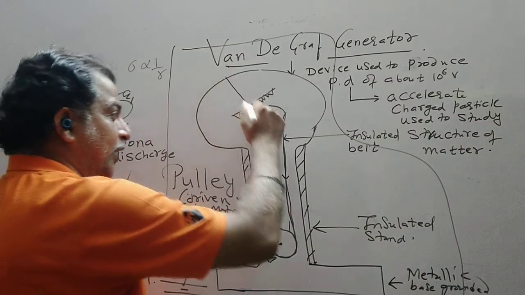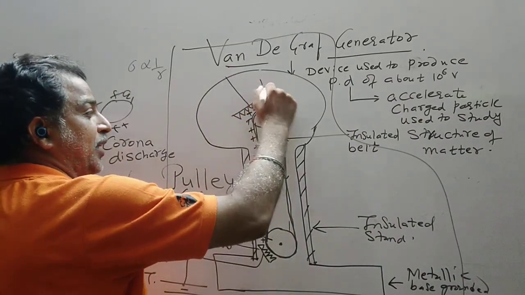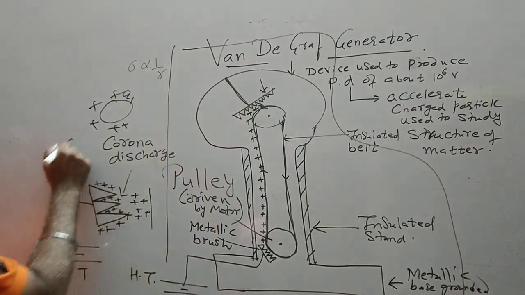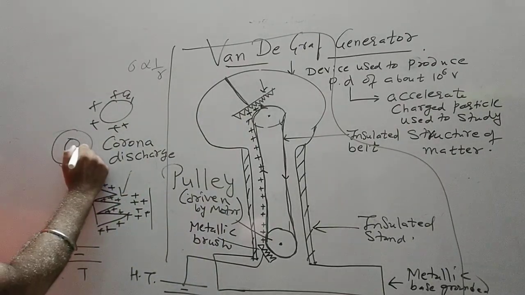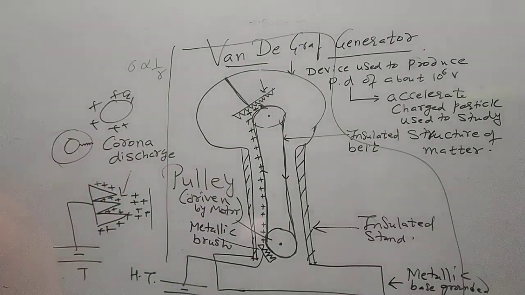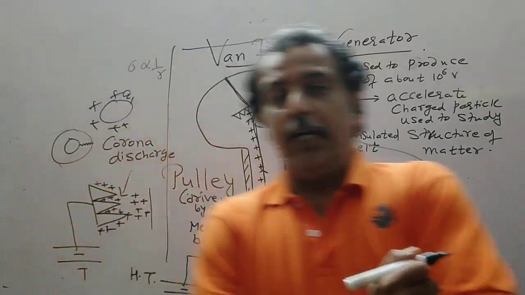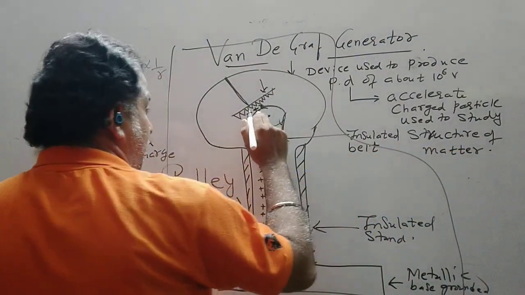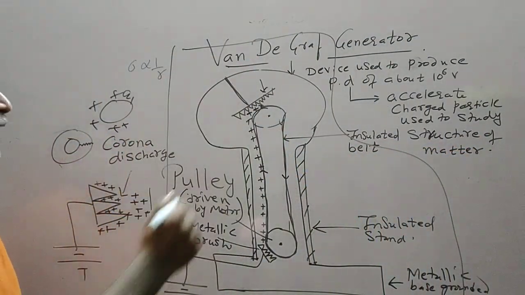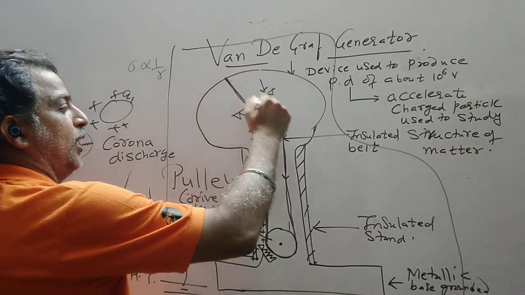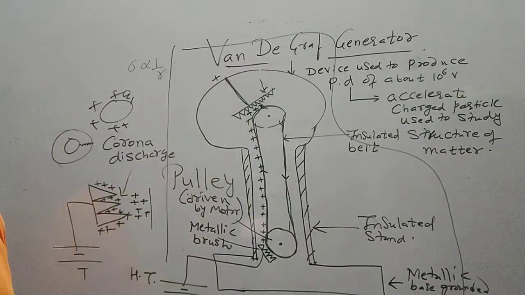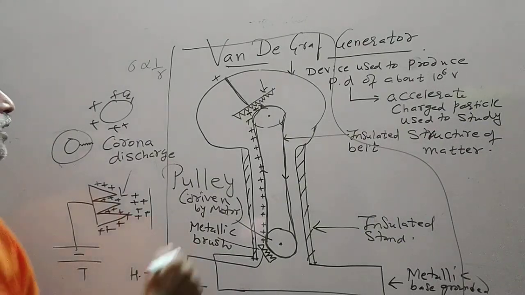As one electron goes in through this metallic comb, which is a conducting wire, we have seen when two spheres were concentric and we connect them by a conducting wire, the charge flows from high potential to low potential. Here the same thing is happening. This is high potential, so the electron comes in through the metallic comb, and the surface becomes positively charged.